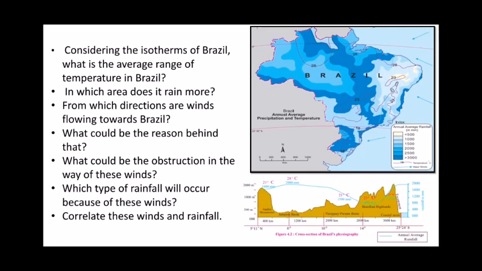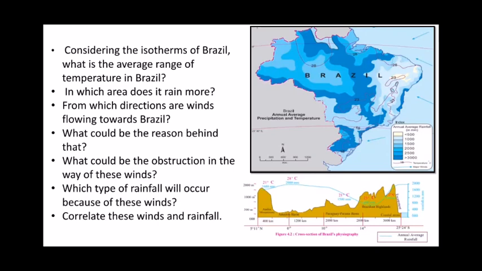Example, Amazon Valley. Next question, from which directions are winds blowing towards Brazil? The winds are blowing from northeast and southeast directions. Next question. What could be the reason behind that?